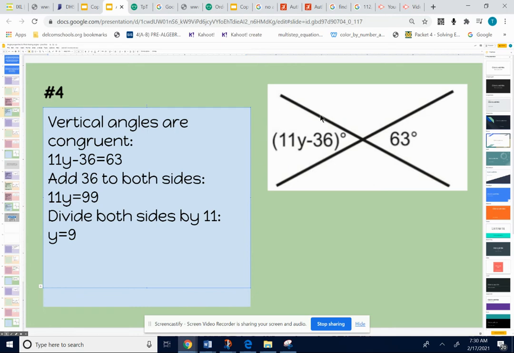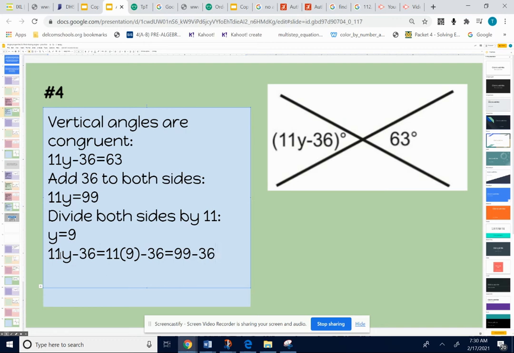All I really want you to do is find the angle that has an expression next to it, 11y minus 36. So I'm going to put 9 in for y. 11 times 9 minus 36. 11 times 9 is 99. Take away 36 is 63.